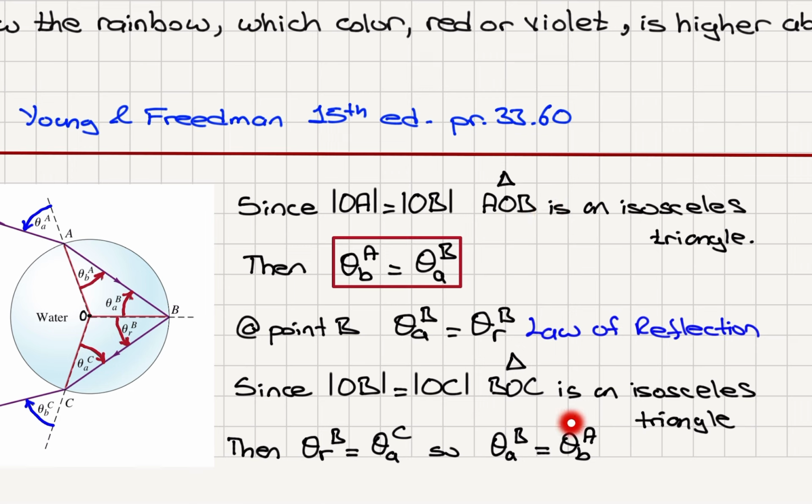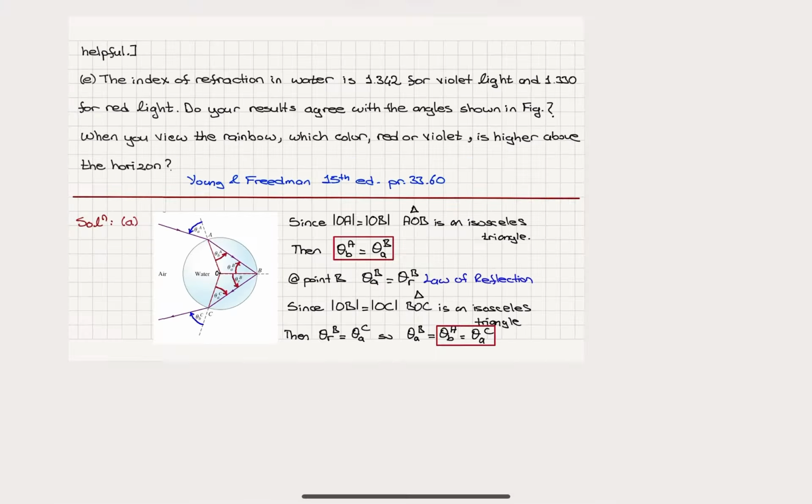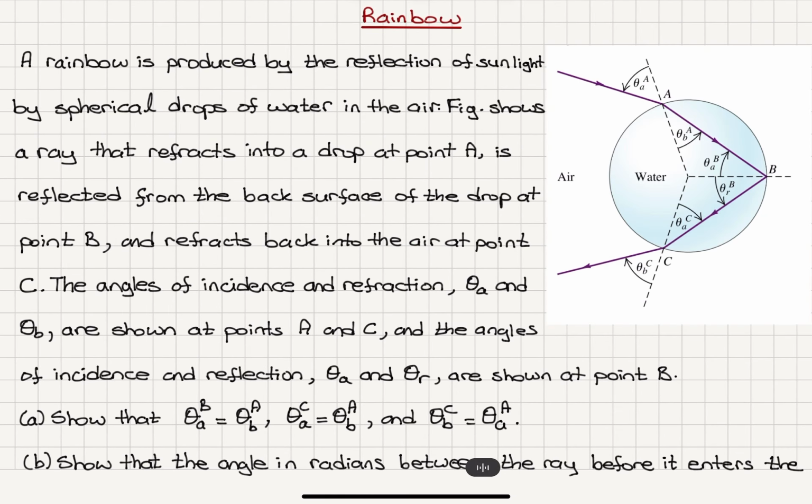But since theta sub A at point B is also equal to the angle of reflection, it's also equal to theta sub A at point C, the angle of incidence at point C. So I have shown that the angle of refraction at point A is equal to the angle of incidence at point C.